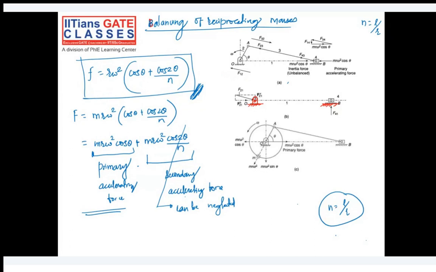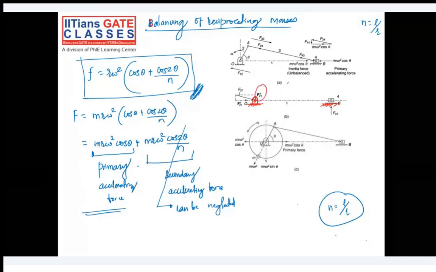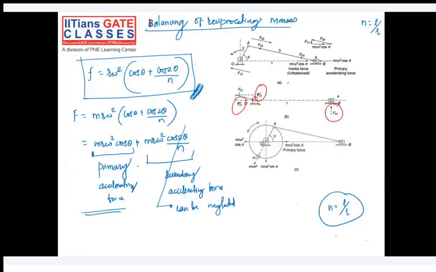In a hinged support we have two reactions, one vertical and one horizontal, because our crank can freely rotate. So F21 vertical and F21 horizontal are the two reactions, and here we have F41 vertical. So these are the three different forces that are exerted by this inertia force on the engine frame. Do you agree till this?